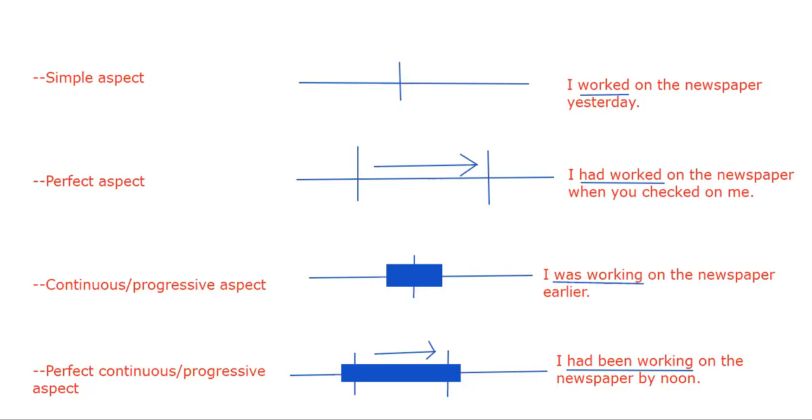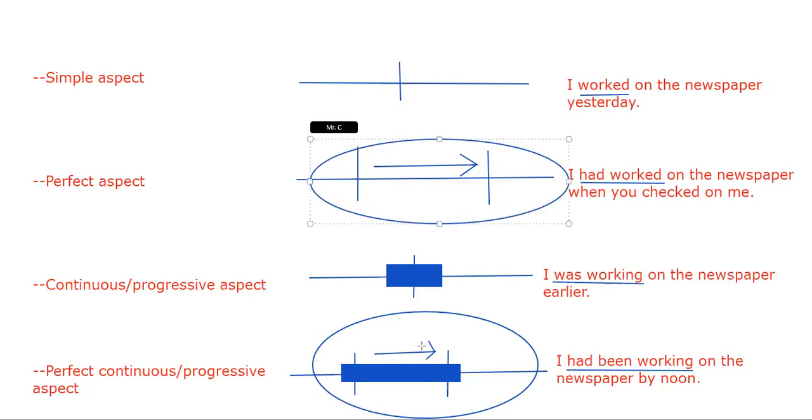I'm trying to think how to... basically what separates this one from this one is that, see how I had the boxes right outside the edges?